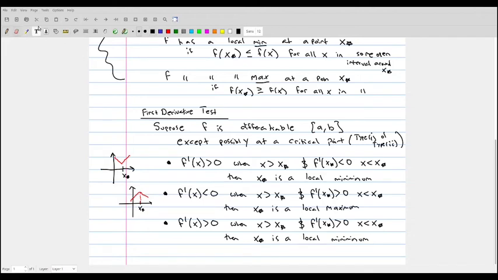In the last statement, the first derivative test here tells us that if neither of these things is true, so if the function purely increases or purely decreases, then this point is some type of saddle point, or not saddle point for a 1D function, but inflection point. So the function has neither.